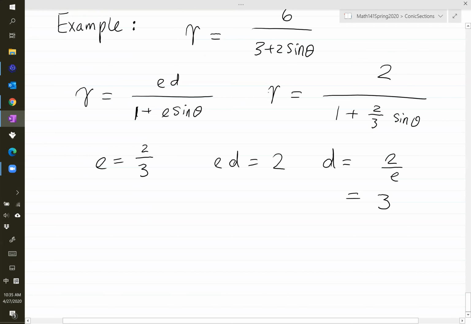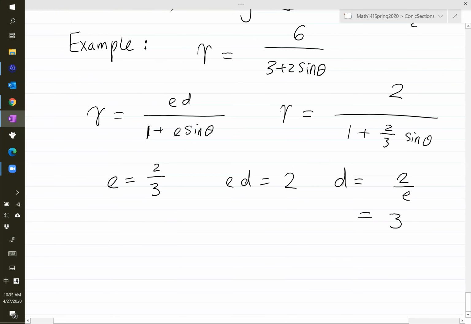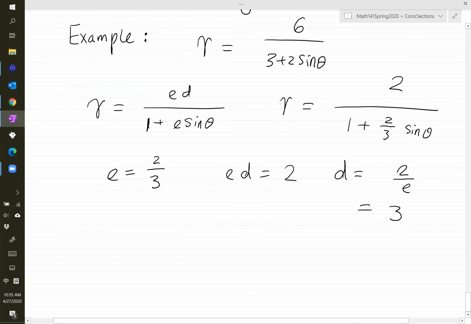How do we plot it? We may do it in Cartesian coordinates, or we plot it directly using polar coordinates. So let's plot the thing.